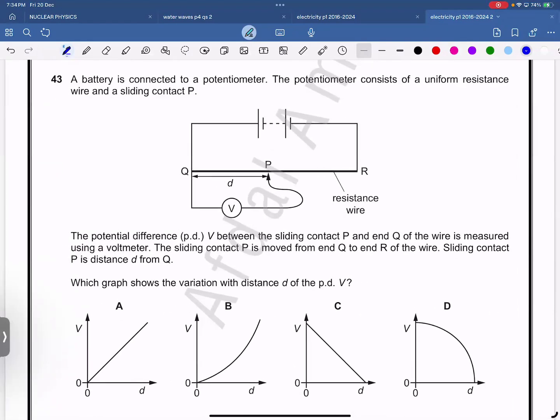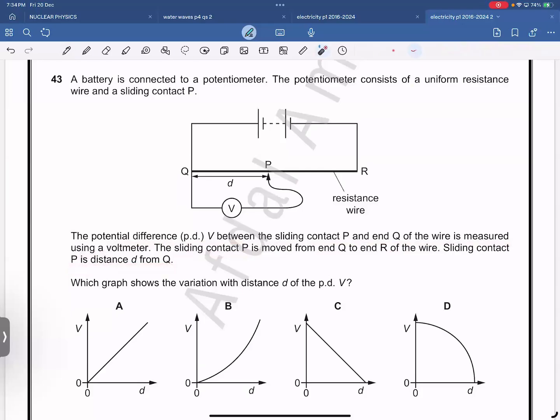Finally, the potentiometer's movable contact also came. Question number 43. A battery is connected to the potentiometer. The potentiometer consists of uniform resistance wire, with sliding contact P. The potential difference V across the sliding contact and end Q is measured using a voltmeter. Sliding contact P is moved from end Q to R. Sliding contact P is at a distance d.